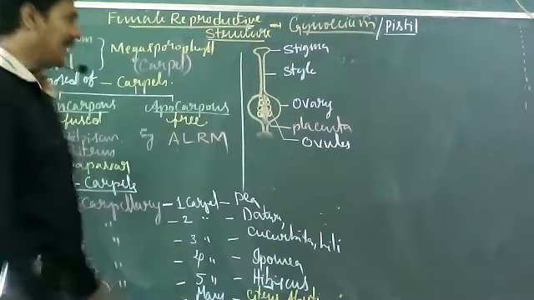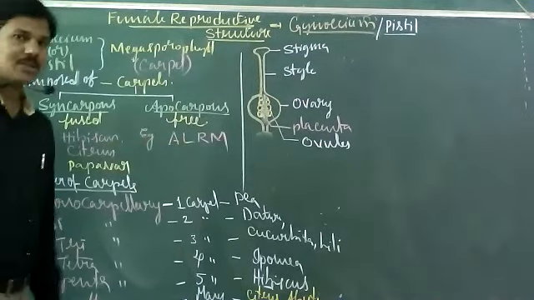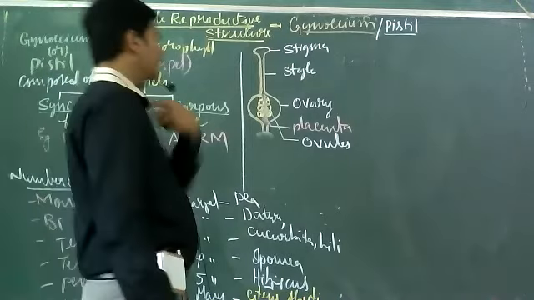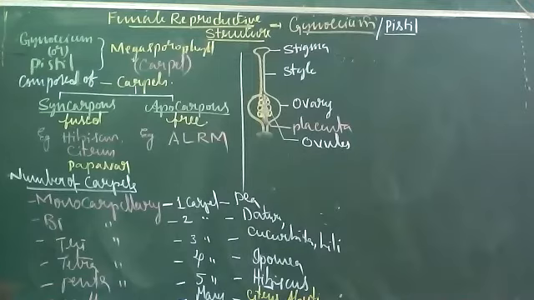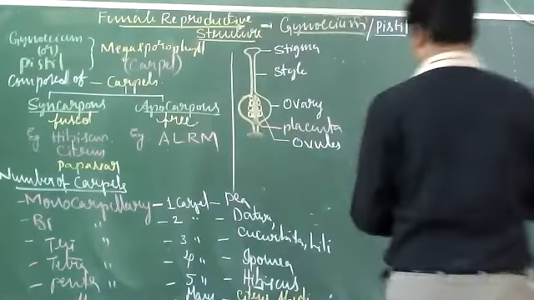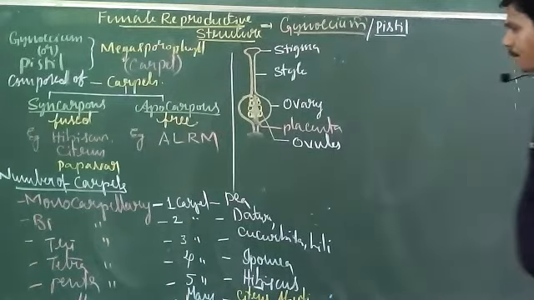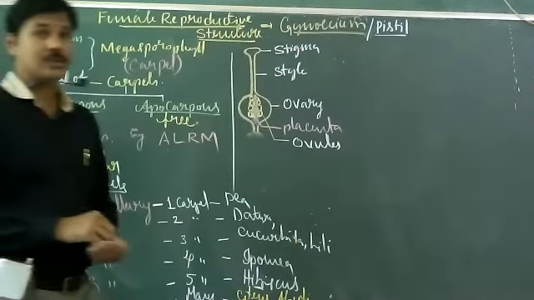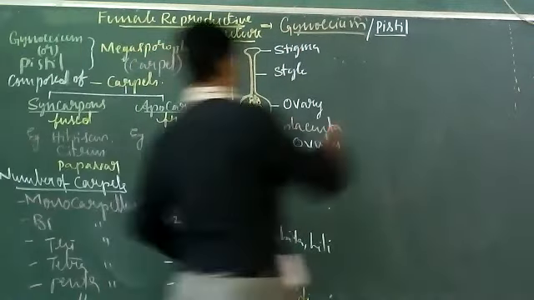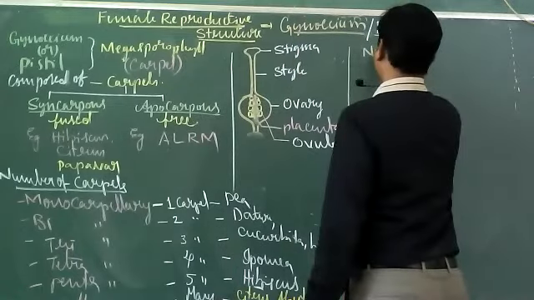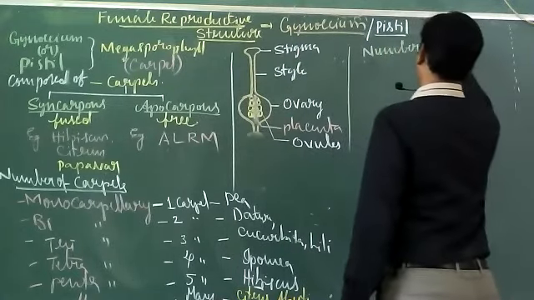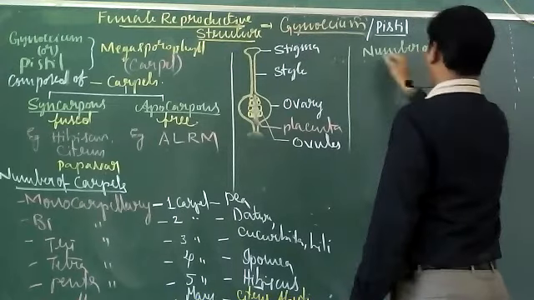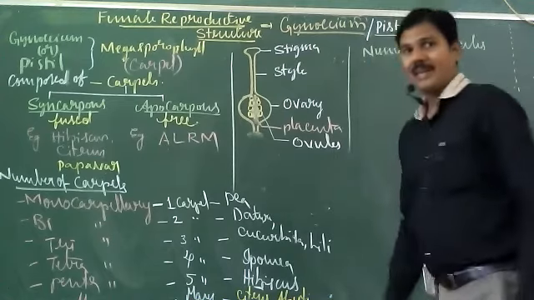Now let us see the structure of an ovule. Before going to that structure, let us see the number of ovules. The ovule number may be single.